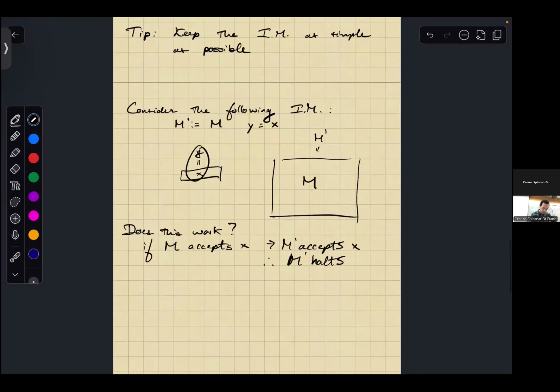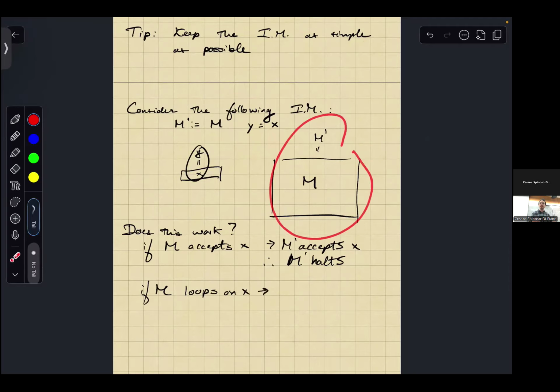What about if M loops on X, right? So if M loops on X, then because M prime is the exact same code as M, M prime will also loop on X, right?